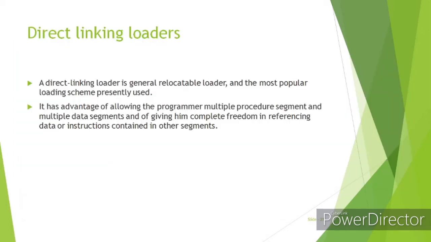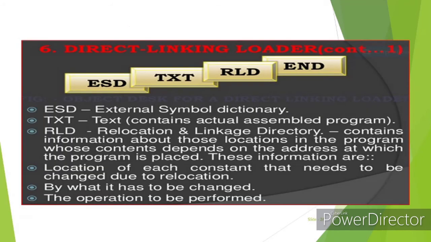The direct linking loader is a general relocatable loader and the most popular loading scheme presently used. It has the advantage of allowing the programmer multiple procedure segments and multiple data segments, giving complete freedom in referencing data or instructions contained in other segments.